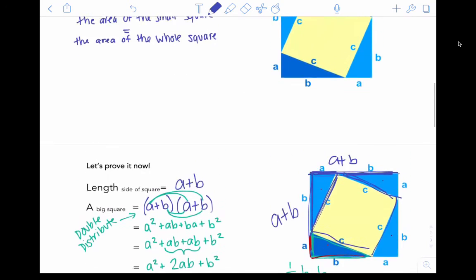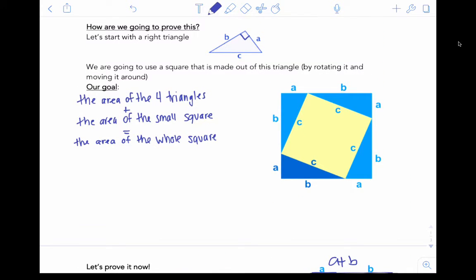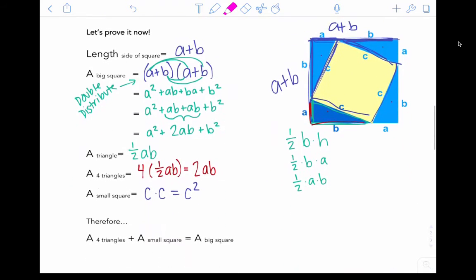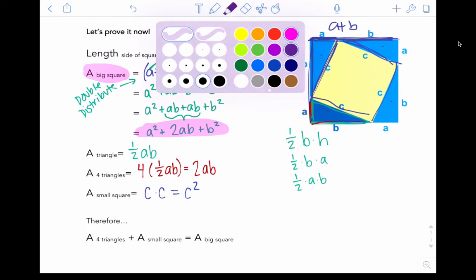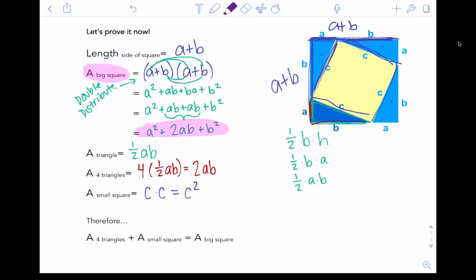If I think back to my goal, I wanted to find the area of the four triangles, the area of the small square, and the area of the whole square. Well, let's look and see what we have. I have the area of the whole square right here. I have the area of the four triangles right here.